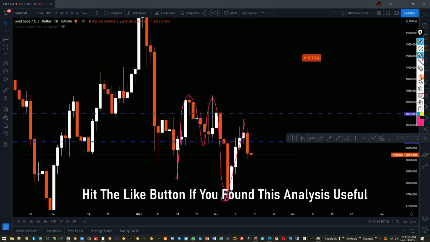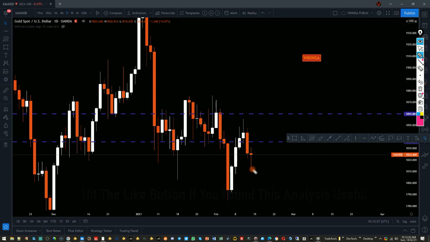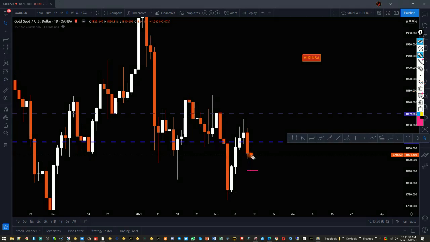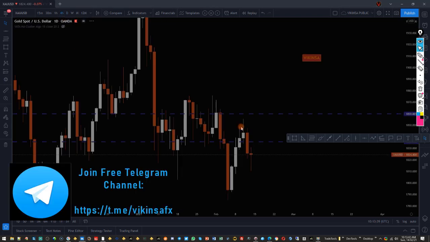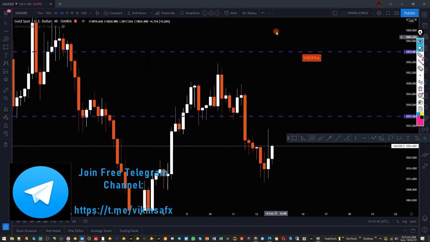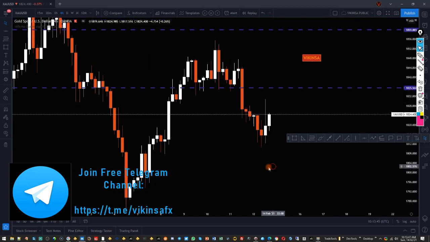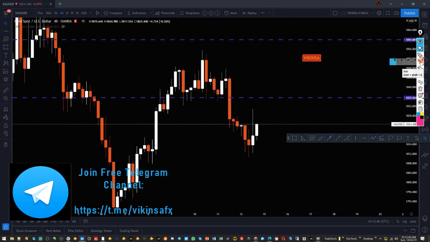Now, last week on Friday, we were able to take a long position from this all the way to about this level or so. Why? Because of the same thing, because there was another M pattern which was forming. So let's go and check it out. Let's go to the 4-hour time frame and see. On 4-hour time frame, this is the M pattern which was forming right here.